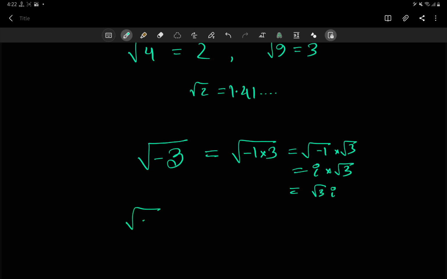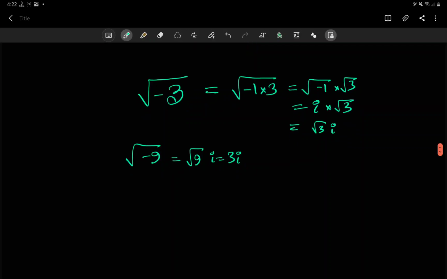Or if I had asked you √(-9), you'd say this is root 9 times i, or 3i, right? So these are called imaginary numbers, something times i, right? So b times i, where b is any real number, is called an imaginary number.